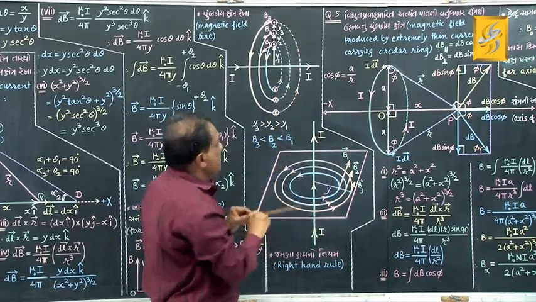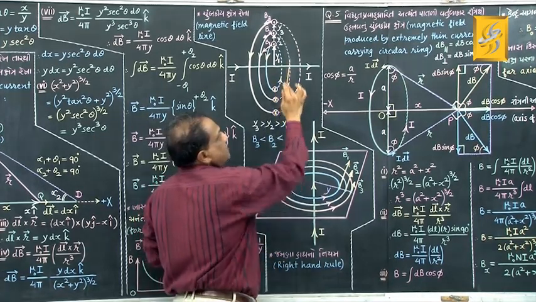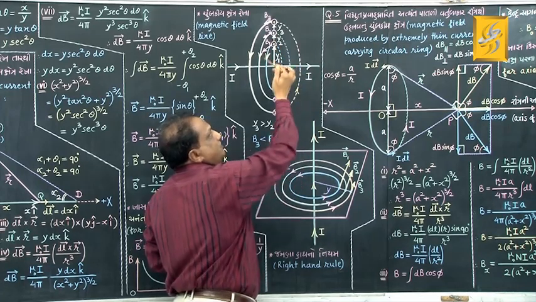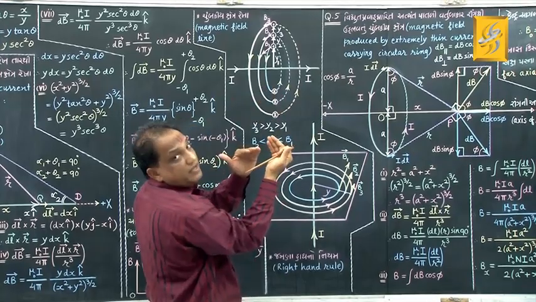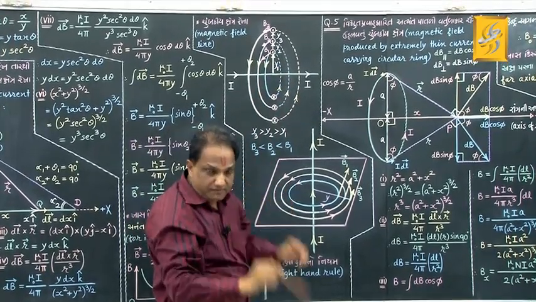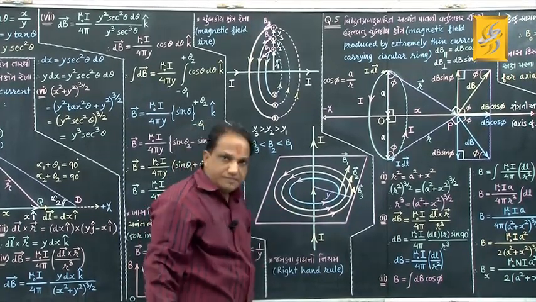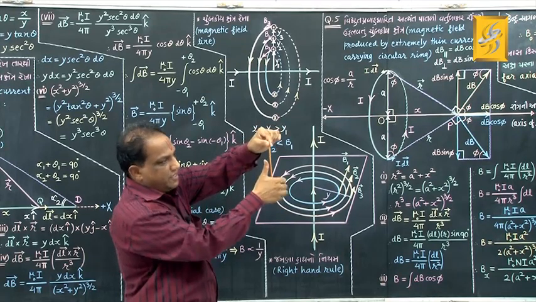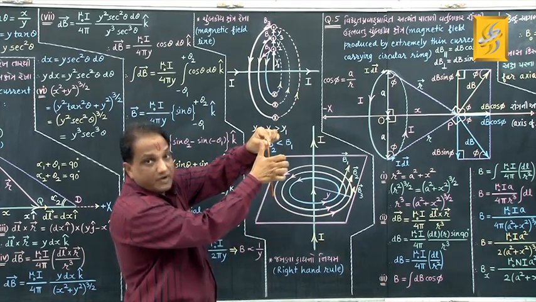Got it? Fine. And this part of the magnetic field lines which are behind the wire, I am showing by dotted curve, and this part which is in front of the wire, I am showing by the solid curves. Got it? Fine. What about in this case? Hold the current carrying straight wire in the right hand palm such that thumb should point in the direction of current.